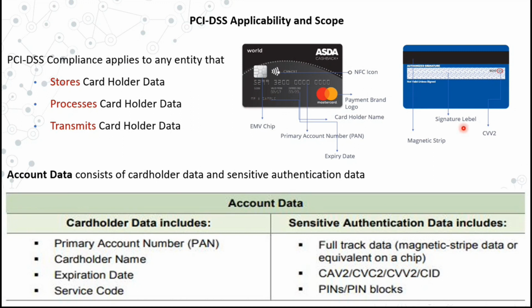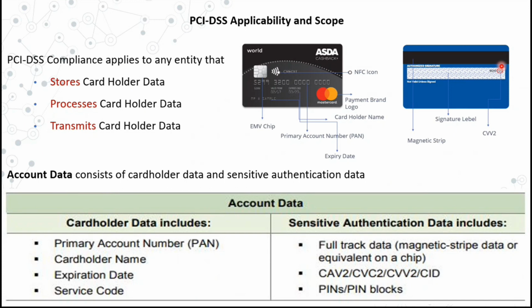And at the back, why I'm explaining this is very important to understand, what is allowed and what is not allowed. This black strip is called the magnetic stripe, where a lot of details are stored, which we as normal people don't know about.